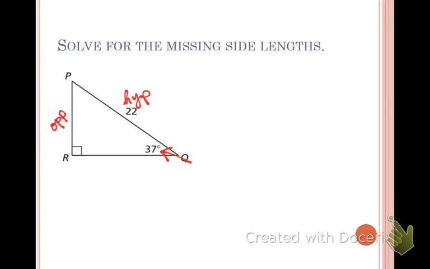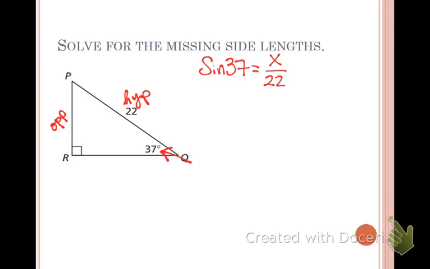Hypotenuse. So which trig function are we going to use? Sine. From what angle? Q, which is 37. Sine of 37 equals the opposite over the hypotenuse. So the opposite, do we know it? No, so we could call it x over the hypotenuse, which is 22.